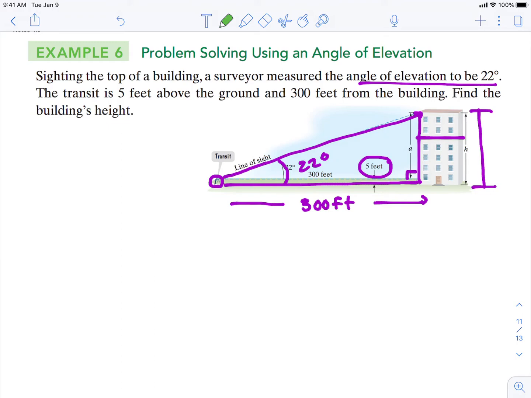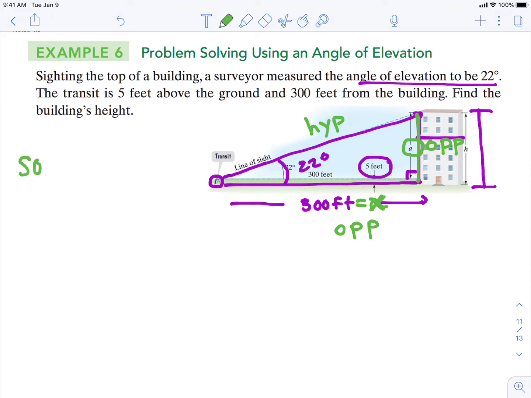Side opposite is our A. Side adjacent, we'll call that X. And then here is your side hypotenuse. What we want to do is find this distance right here. So we're going to choose the appropriate trig function.